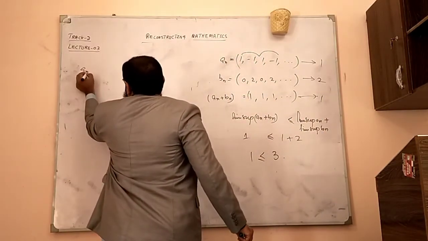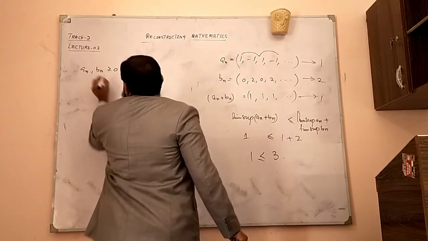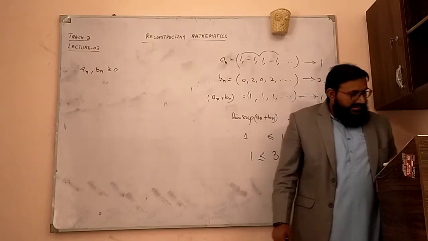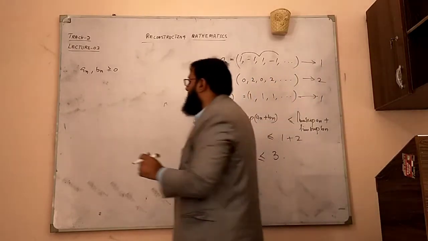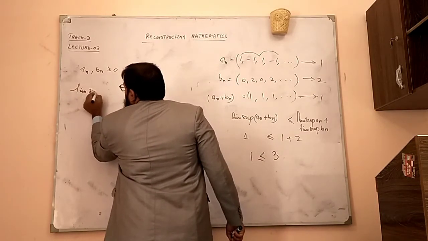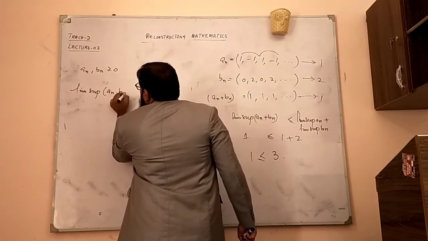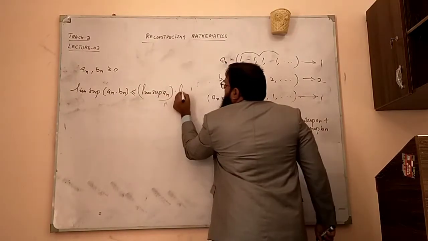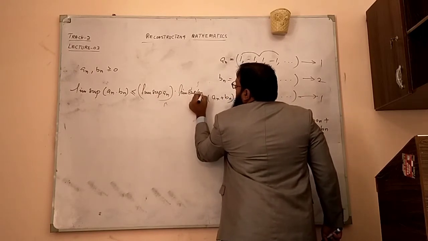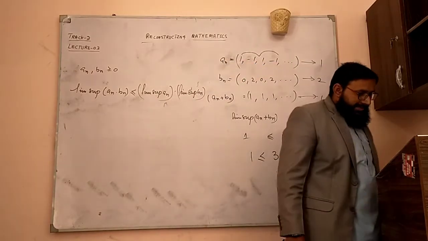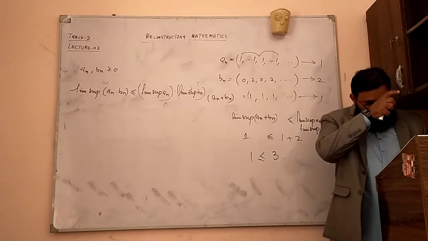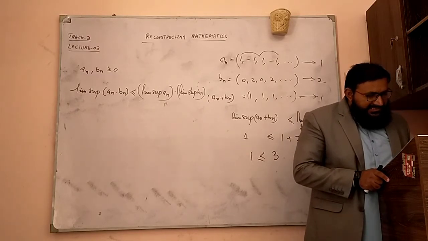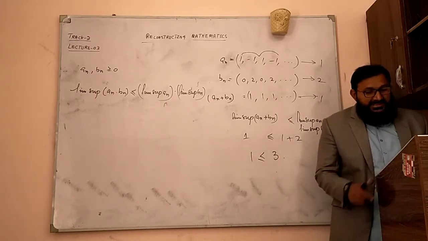If I have sequences with positive terms, it means each and every term of an and bn is positive, not negative. Then limsup an times bn will be less than or equal to limsup an times limsup bn.